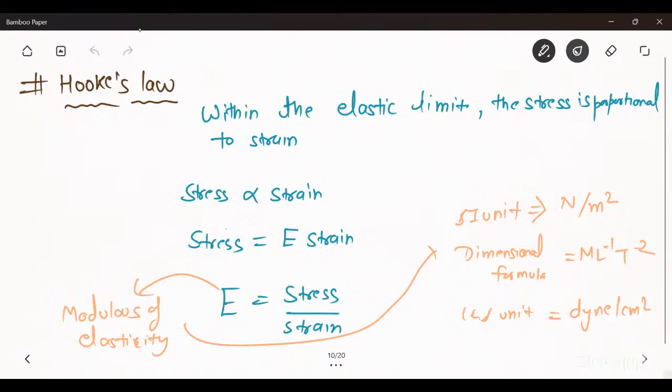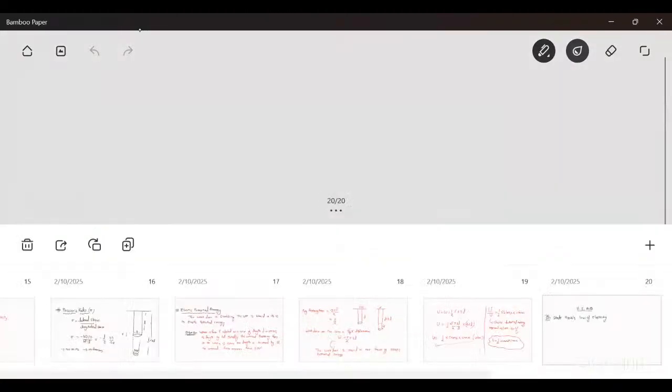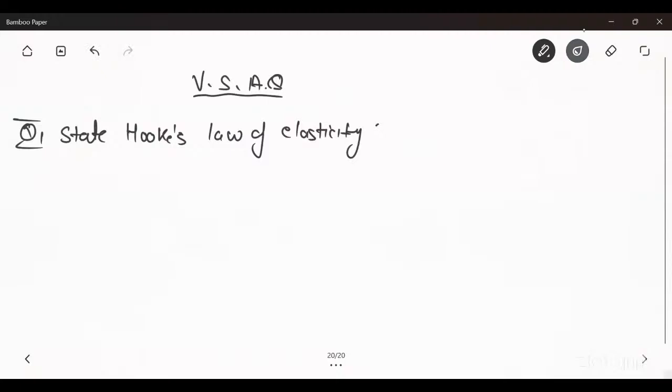On removing the sign of proportionality, a constant appears, which is known as E, the modulus of elasticity. So the value of E is stress upon strain. The SI unit of modulus of elasticity is Newton per meter square, the dimensional formula is ML^-1T^-2, and the CGS unit is dyne per centimeter square.